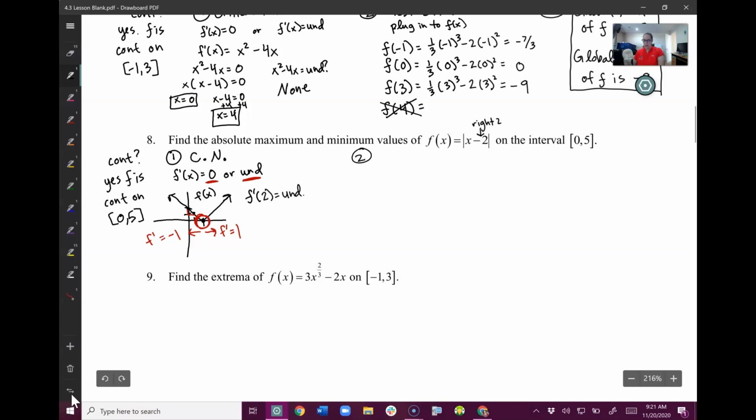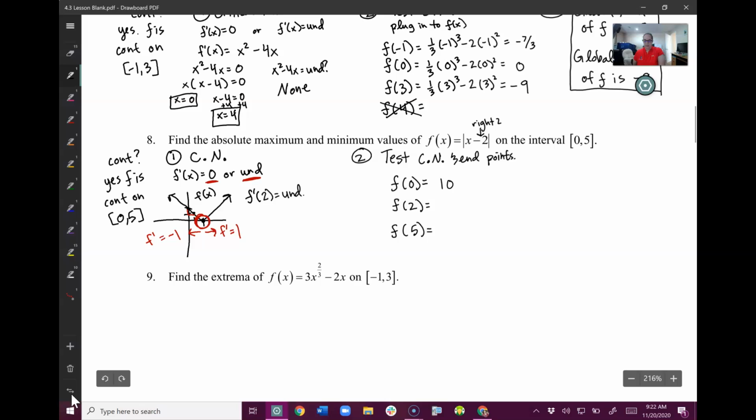So step 2, we need to test our critical numbers and endpoints, because we're looking for an absolute max and min, and we should be guaranteed one because it is continuous. So we're going to find f of 0, that's our endpoint, f of 2, that's our critical number, and f of 5, that's our endpoint.